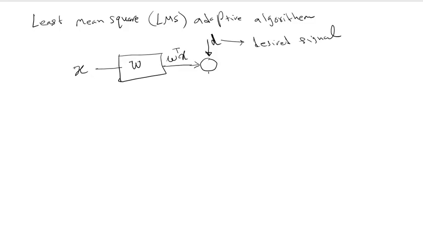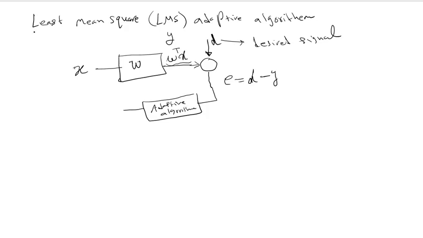We will have an error equal to D minus the output of the filter, which we name Y, so D minus Y. Then the error is fed to the LMS algorithm, or any adaptive algorithm, to adjust W. This process will continue until we converge to a fixed W.